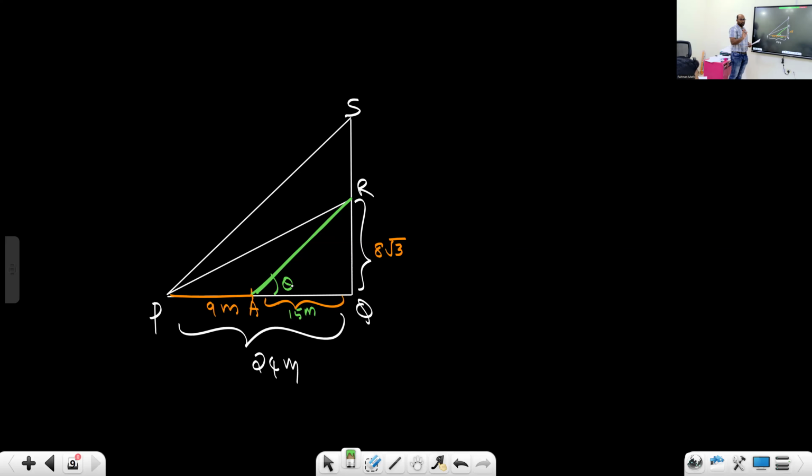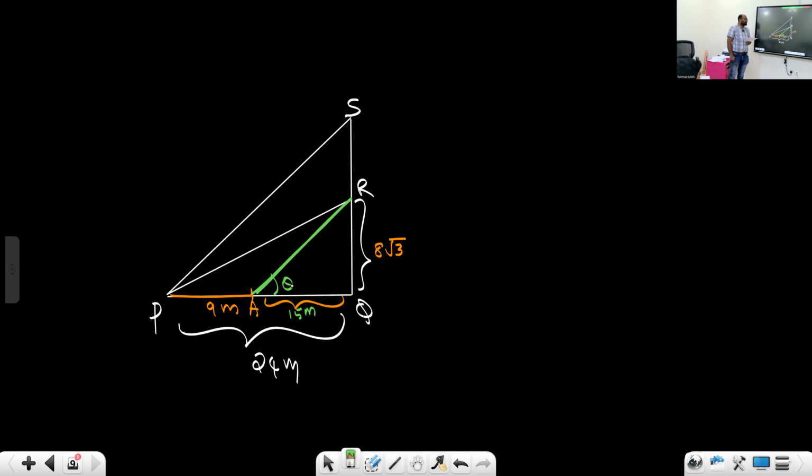But one minute, green color, don't draw. Just wait. The question has a small change. Otherwise, you won't get it. 15 and 24, if you simplify, how much?